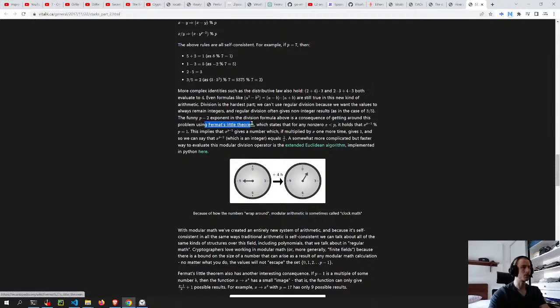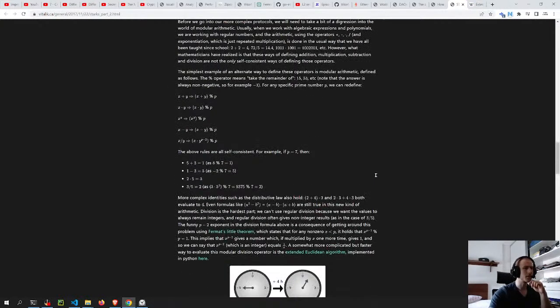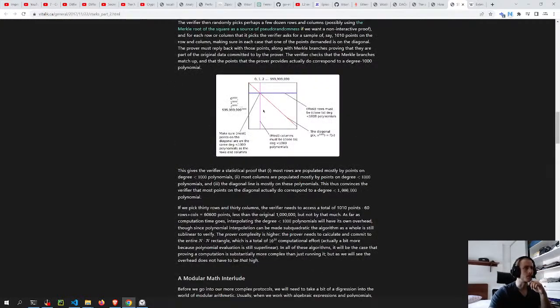Yeah, Fermat's little theorem. Yeah, here. So I found it. I think I'm gonna read this stuff again. I'm not really sure, it seems like it is more related to the data availability sampling thing because of this stuff here. But I don't remember really well if it is related to that or zero knowledge proofs.